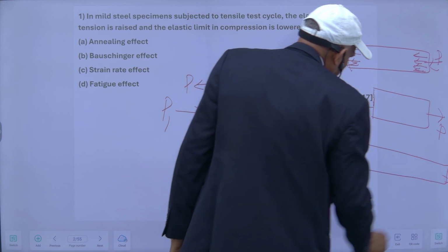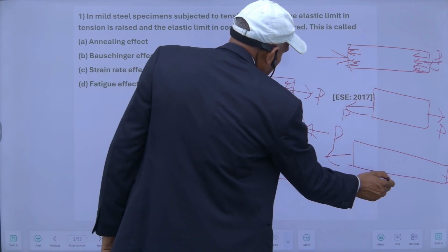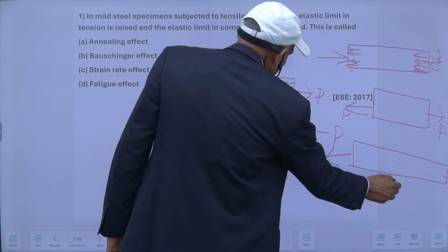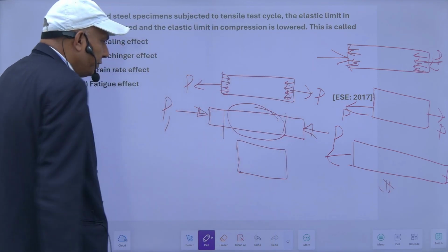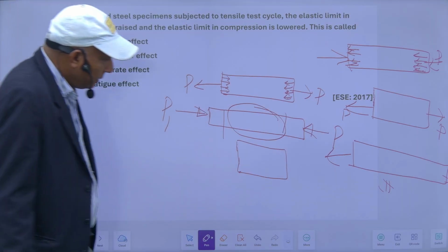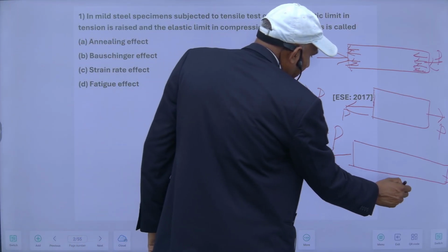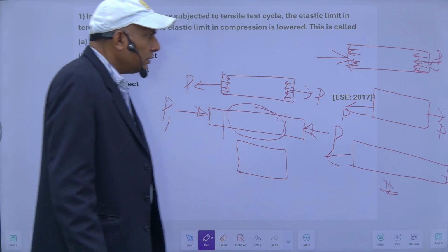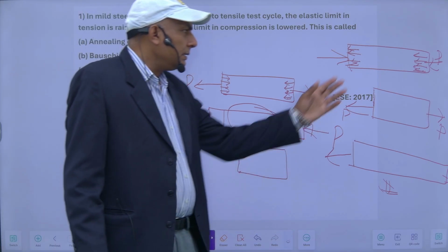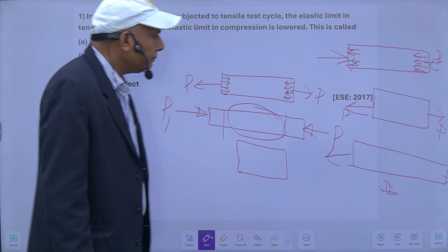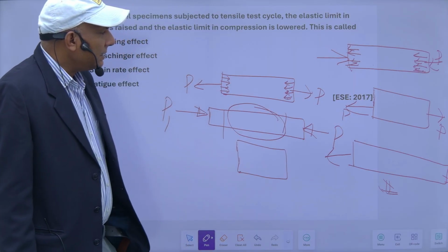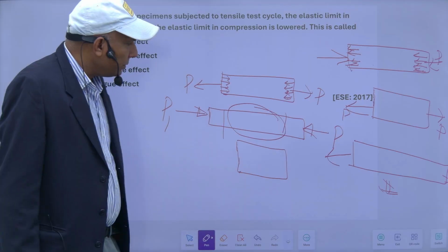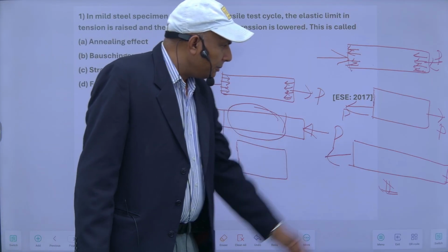I mean the elongation in this case and the elongation in the case when we initially applied a tensile load: in this case the elongation will be more, because it is already in the tensile state and then you have applied the tensile load. So in this case the extension will be more.